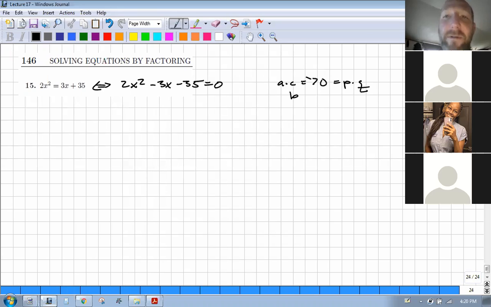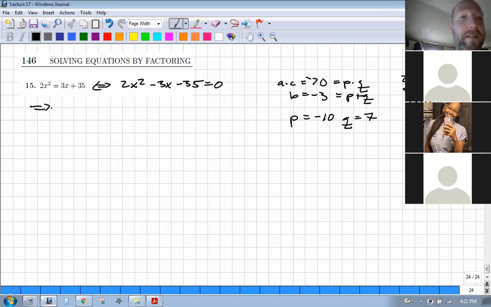Our B is a -3, so let's see, numbers that multiply to give us 70, and their difference is gonna be 3. 2 and 35 does not work. 70 divided by 3, no. Divisible by 4, no. Divisible by 5, how about 5 and 14? No. 6, 7, and 10. Yeah, that'll work if the 10 is negative and the 7 is positive. So if we let P be -10 and Q be 7.